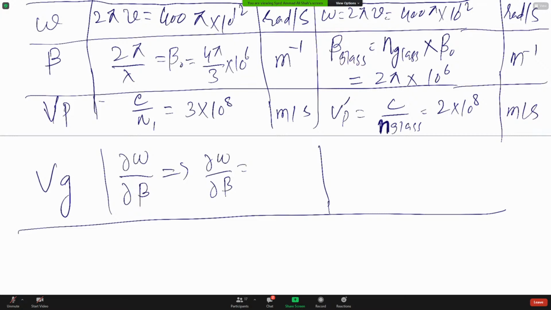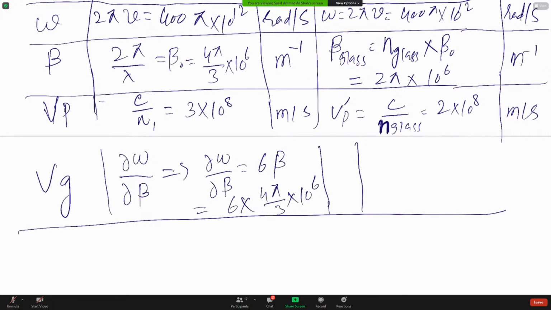let's take the derivative, and it's 6 beta. Which means it is 6 into 4 pi by 3 into 10 to the power 6, the value we found, meter per second.